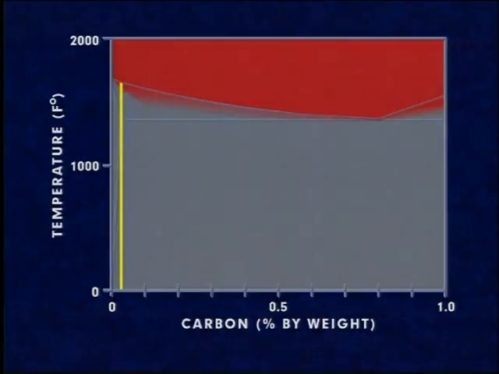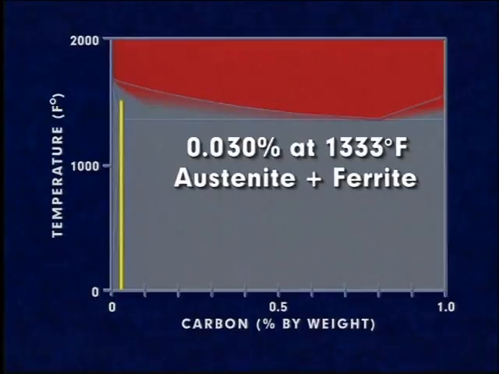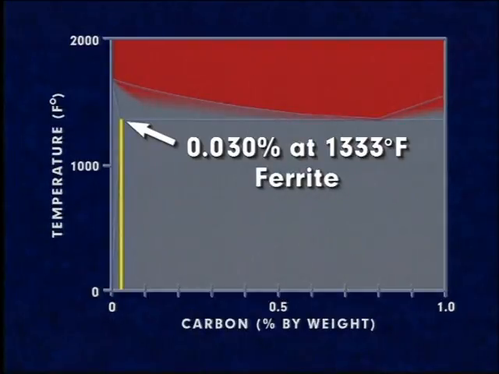As cooling continues, more and more ferrite is formed, until at 1,333 degrees Fahrenheit, the remaining austenite transforms completely. Ferrite can retain only 0.025% carbon at this temperature.